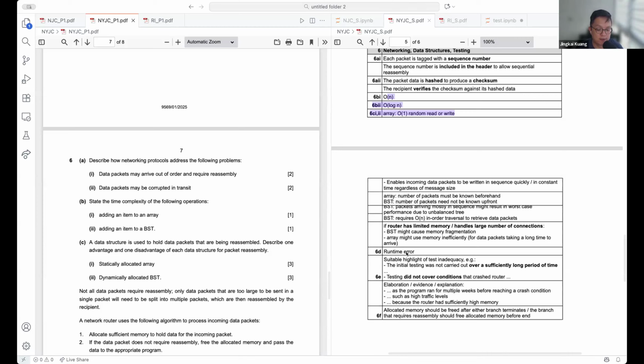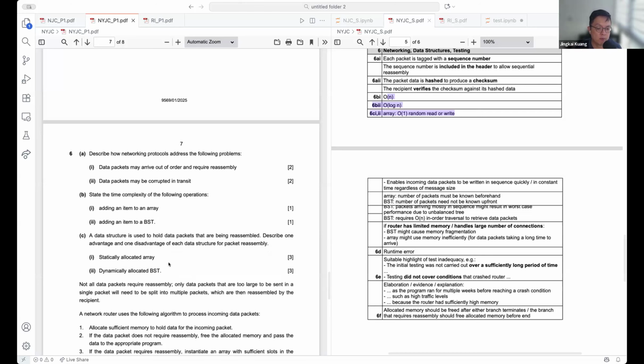For example, I have 10 packets coming in: packet 5 comes first, then packet 4, then packet 9, packet 1, packet 2. That's fine. But if they come in sequence, 1, 2, 3, 4, 5, 6, 7, 8, 9, 10, then you're going to have an issue. Your BSD will become unbalanced and just go down one side. That's the worst kind of BSD. So there are pros and cons to both, and it's a choice that you as an engineer have to make.